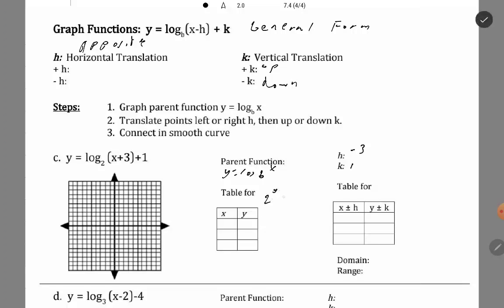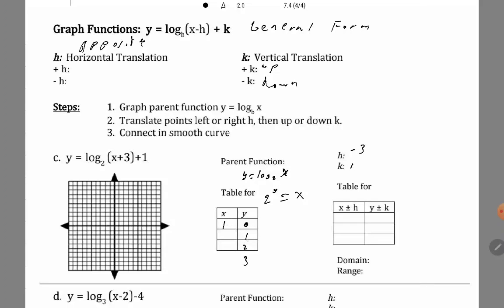We had 2 to the y equals x, because we're using base 2. So this has nothing to do with the x plus 3 or plus 1. This is dealing with the parent function y equals log base 2 of x. Now if I plugged in values for this one, I would plug in y values. And I would use 0, 1, 2, and 3.